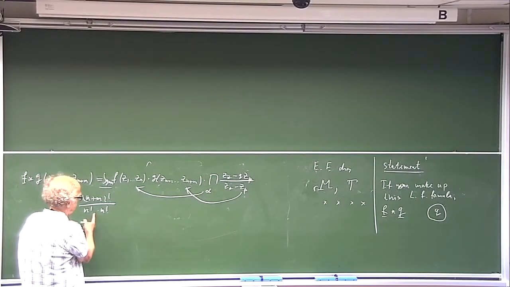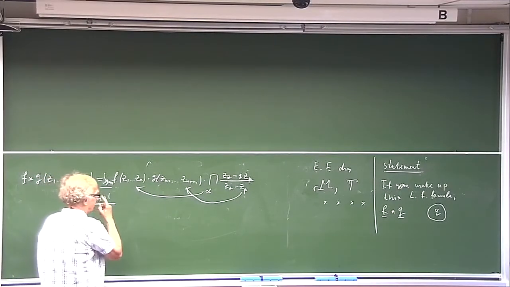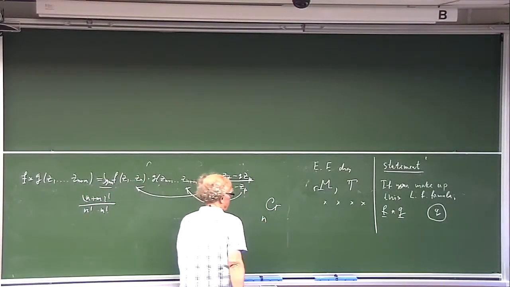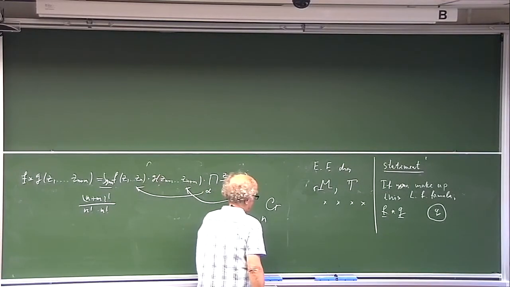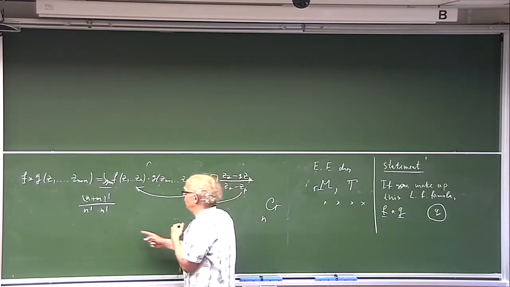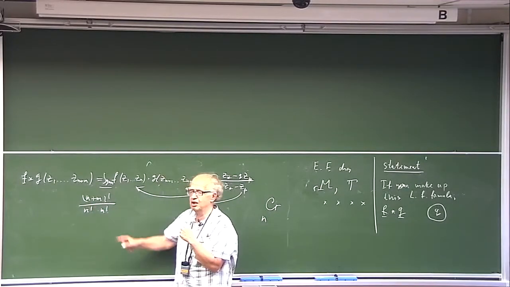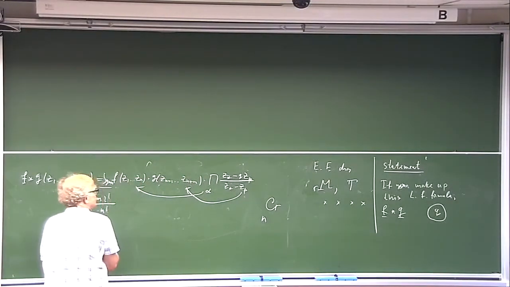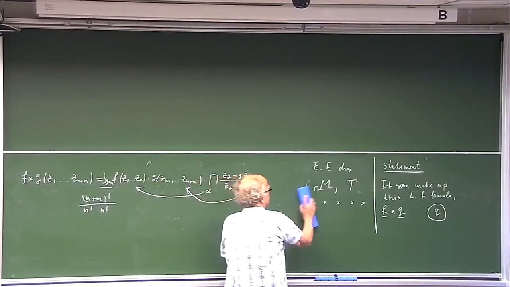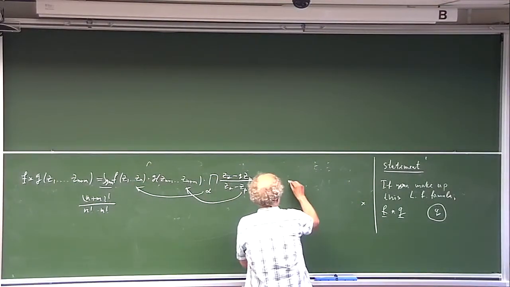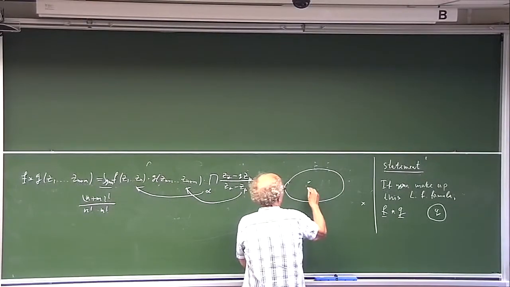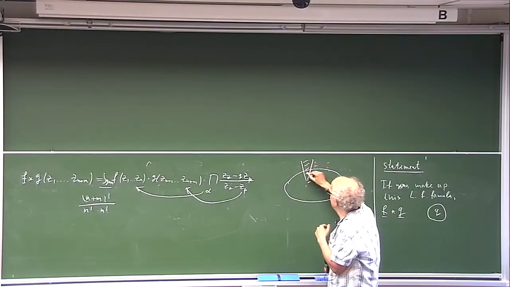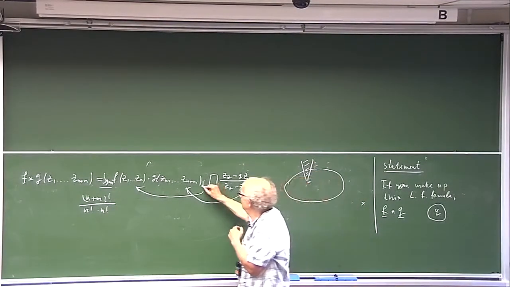So the sum contains so many terms. Now each term here corresponds, if you have the usual Grassmannian of n-dimensional planes in n plus m-dimensional space, then the number of fixed points is just this binomial number. And the structure of the Lefschetz fixed point formula is usually the following. If I have a fixed point, the contribution of the fixed point is, first of all, the character of a fiber at this point.